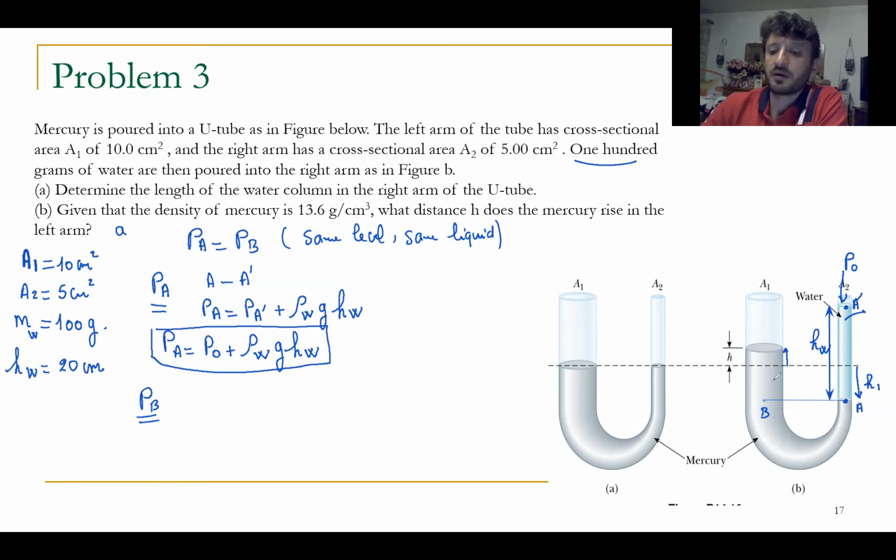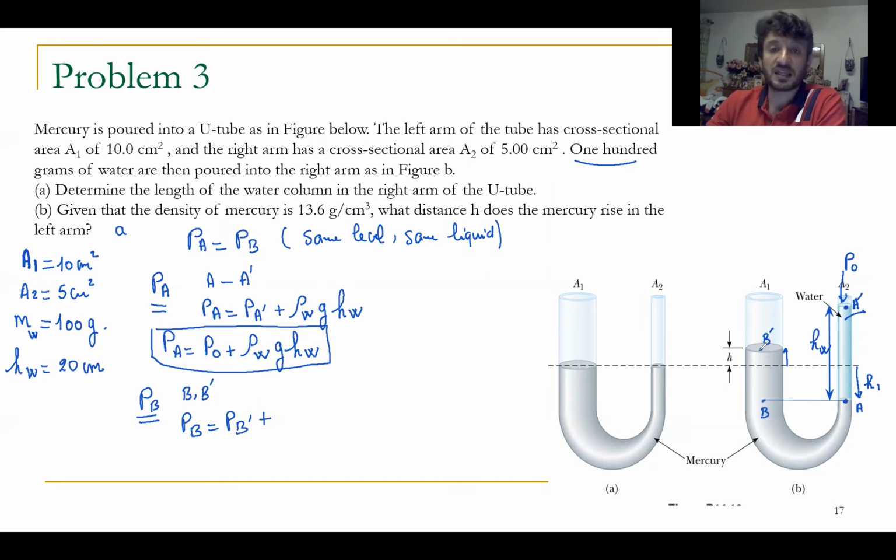Okay, here for PB we can take between B and B prime. So between B and B prime we have PB equals PB prime plus rho.